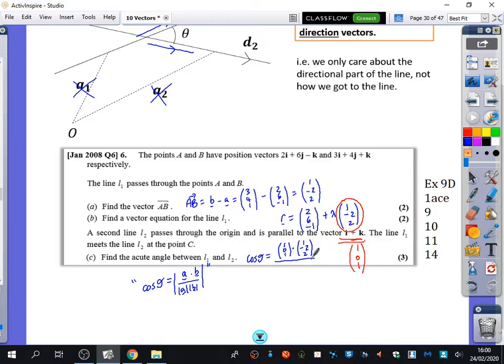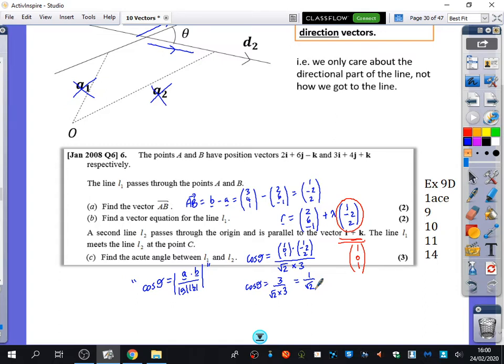All divided by the modulus of this, which is root 2, and the modulus of this, which is 3, because it's root 9. So we get that cos theta is 3 over root 2 times 3, which is just 1 over root 2.